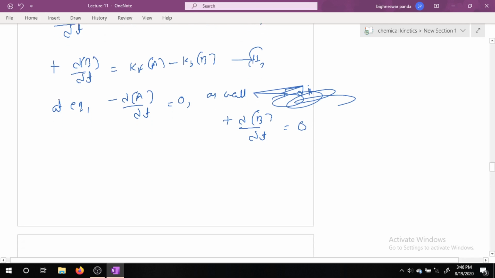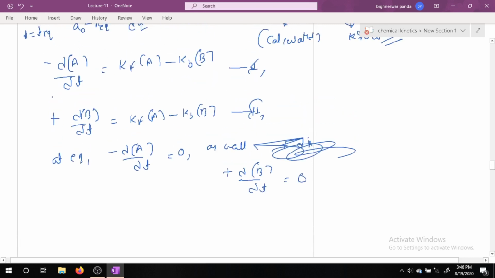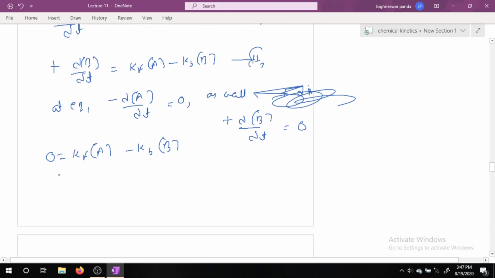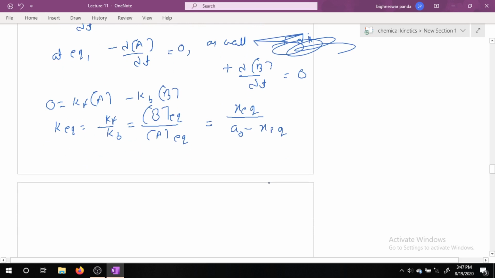So by putting minus dA by dt equal to 0, kf into A equilibrium is equal to kb into B equilibrium, so the equilibrium constant is B equilibrium over A equilibrium.